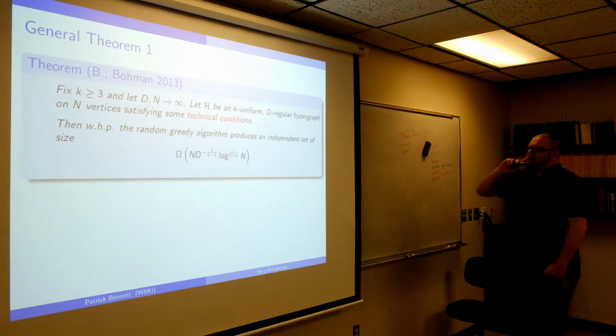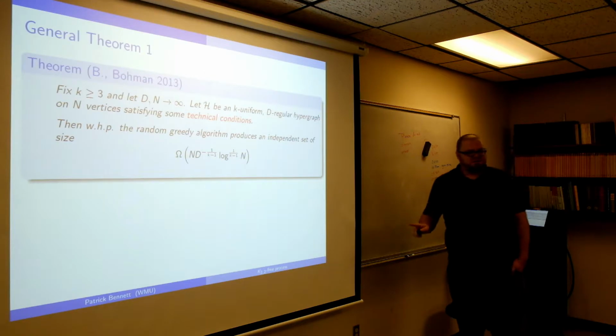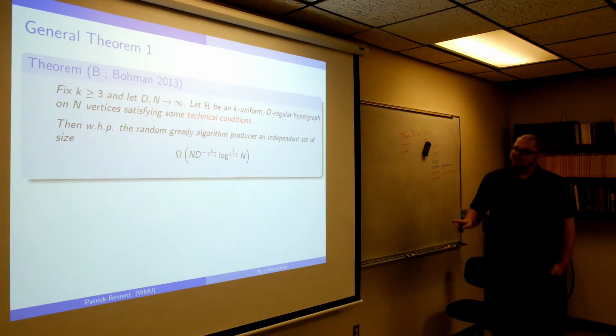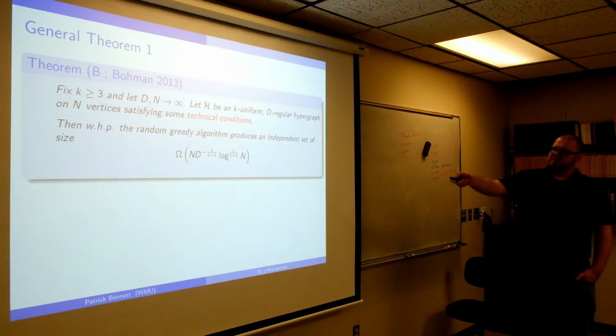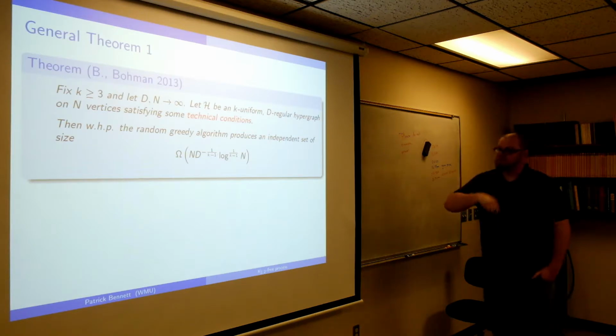Okay, so now this is starting to touch on work that I had something to do with. With Bohman, we proved the following theorem, which is about any independent process on any hypergraph. Well, not any hypergraph, it has to satisfy some technical conditions.